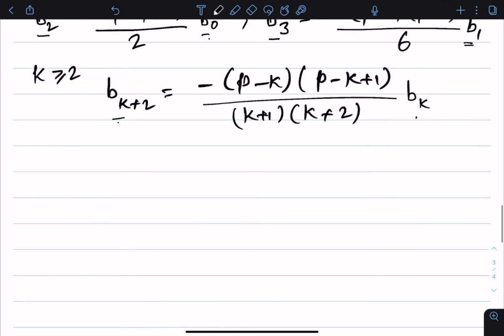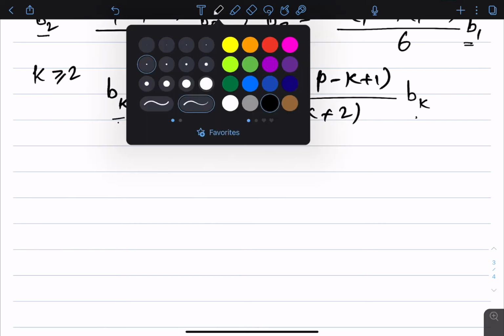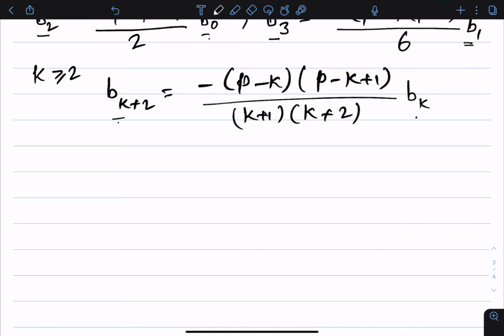Now, since we have already seen that something happens for even and something happens for odd, for instance, suppose you take k even, that is, a multiple of 2.